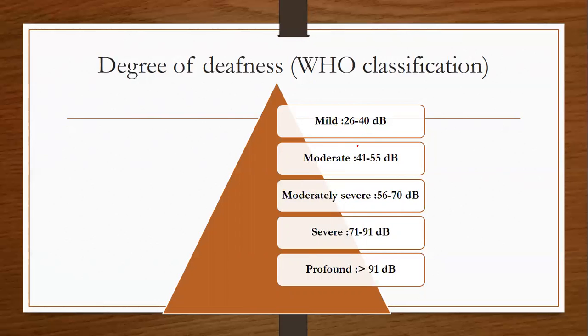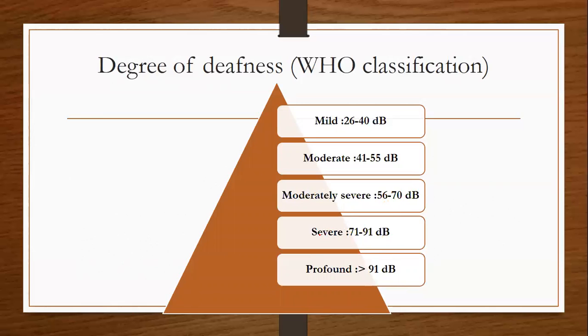The mild category is 26 to 40 decibels. Moderate means 41 to 55 decibels. Moderately severe means 56 to 70 decibels. Severe means 71 to 91 decibels. And profound means more than 91 decibels. So this is the degree of deafness.